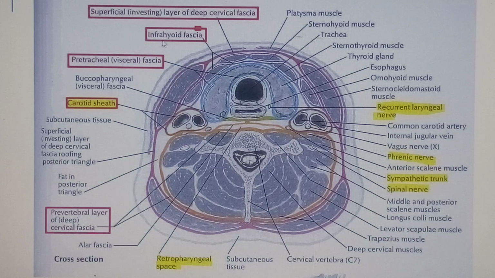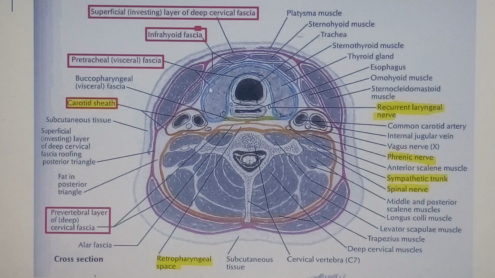That is why some books call this parietal layer the infrahyoid fascia. So my friends, in case you see infrahyoid fascia, you are still talking about a parietal layer of the pretracheal fascia, and therefore a modification of the deep cervical fascia. That's an important thing we should know.